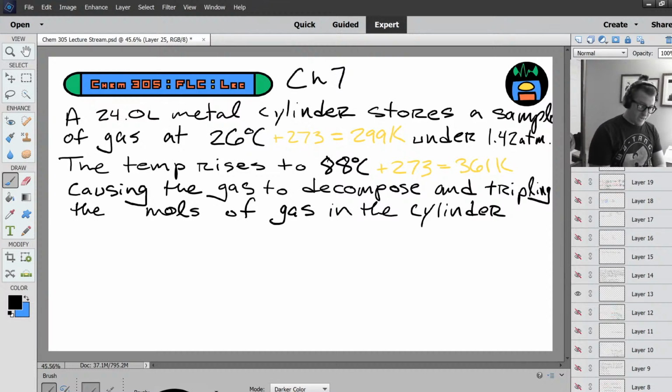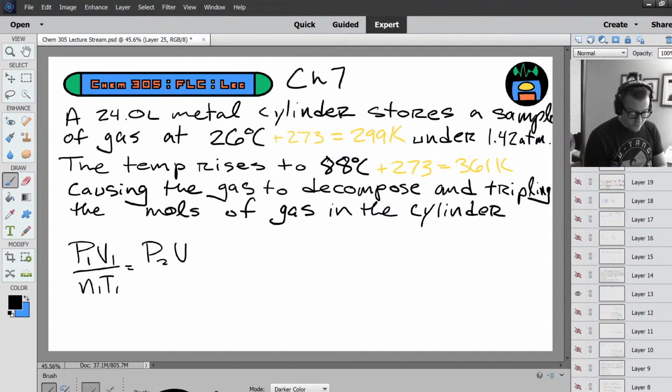So here we are being asked to determine the pressure after the decomposition. So we're dealing with P1 V1 over N1 T1 is equal to P2 V2 over N2 T2. And we want to know what that final pressure is.